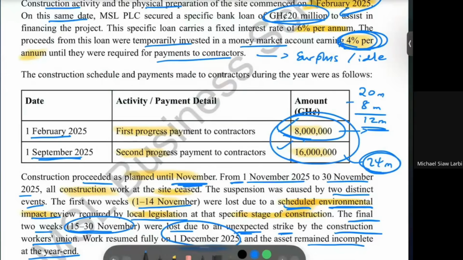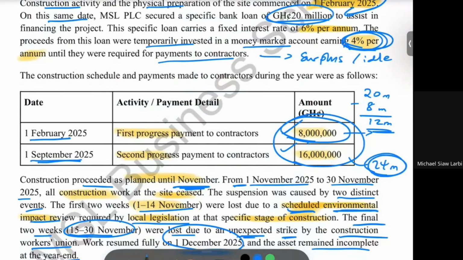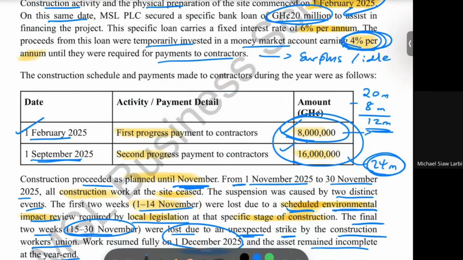And if you check here too, we started 1st February. We spent second tranche on 1st September. But remember, I said the 1st September spend will not be capable of being funded fully from your general borrowings, right? So that is how we are going to deal with the specific borrowing part.